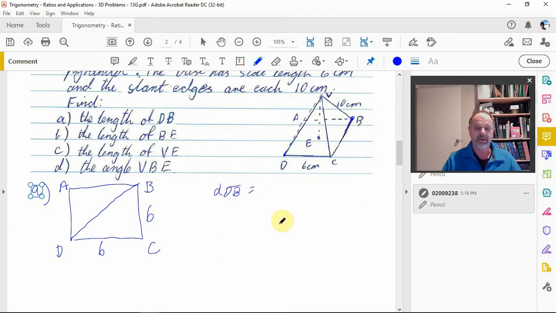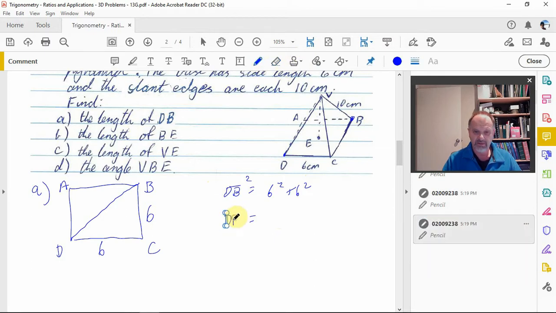Now, our old friend Mr. Pythagoras: D to B squared equals 6 squared plus 6 squared. I say I don't need the D because I'm drawing it with a line, so it's the length of that line.